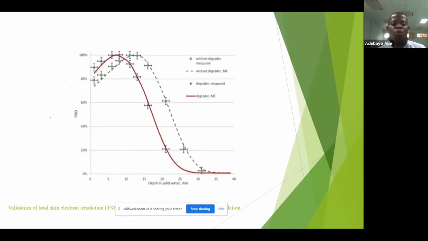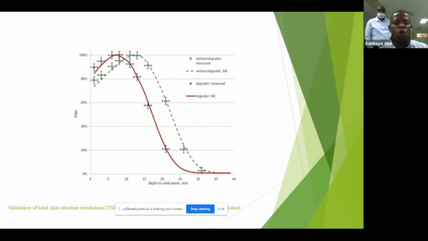I decided to put this because I'll be talking about the 4 patients treated in our center. We did not use a degrader method because at that time we hadn't gotten such techniques in place.